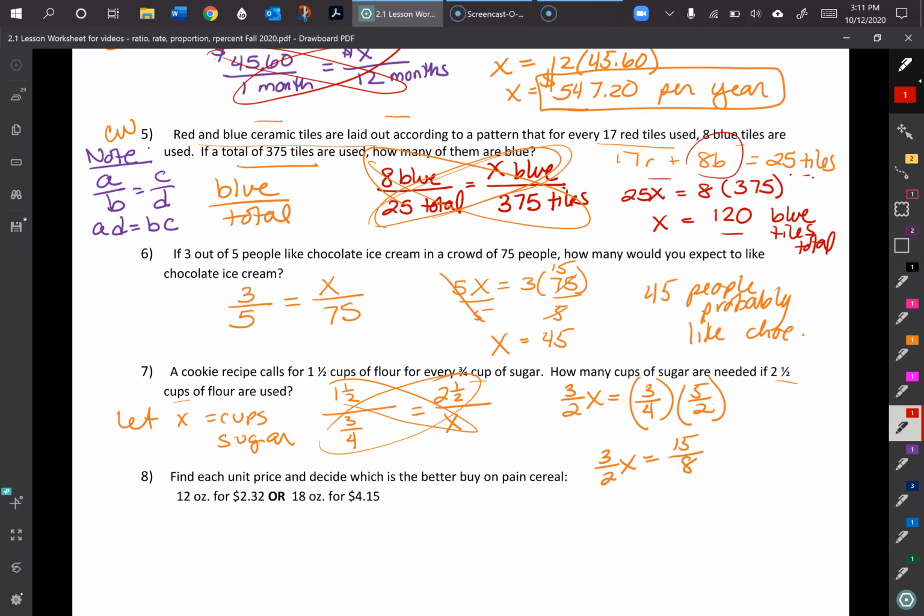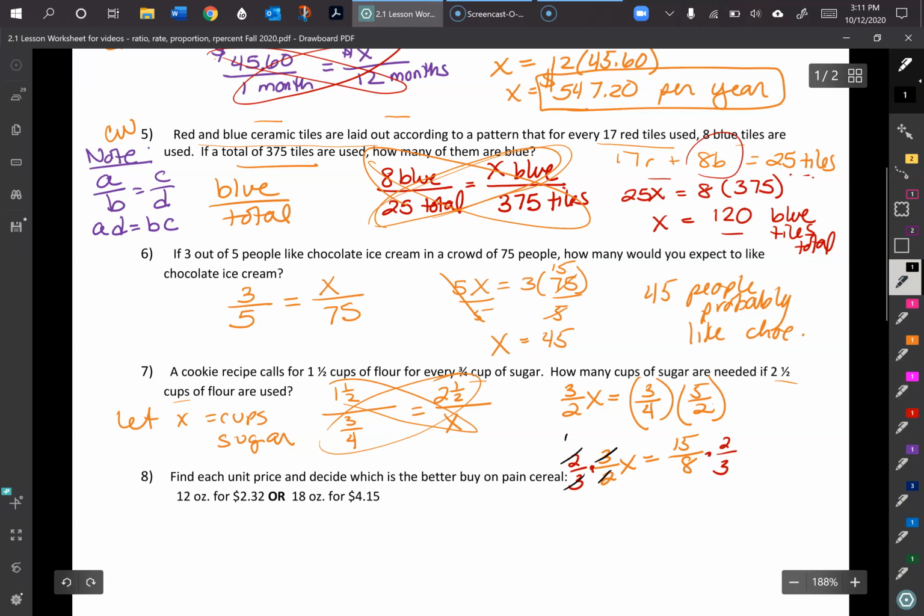And now I would multiply by the reciprocal on both sides. It may have been a while since you've done this type of thing, so I just wanted to review it before we have to work with it within a word problem. So now on this side I can reduce, so I end up with 5/4 for my x.